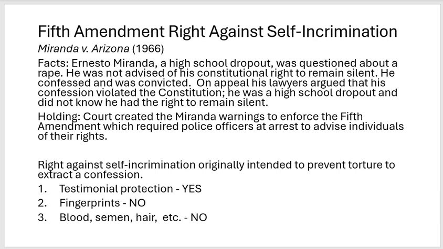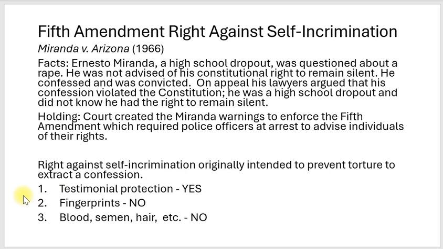Nevertheless, what the Supreme Court has ruled, the intent of the Fifth Amendment was testimonial in nature. So what it was trying to prevent was the government from extracting confessions. So if you look at fingerprints, do they violate the Fifth Amendment? The Supreme Court has said no. Blood, semen, hair samples, etc. They do not violate the Fifth Amendment because the Fifth Amendment was intended to have a testimonial protection.